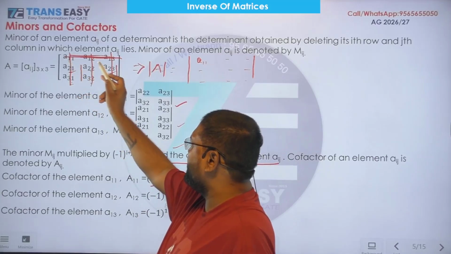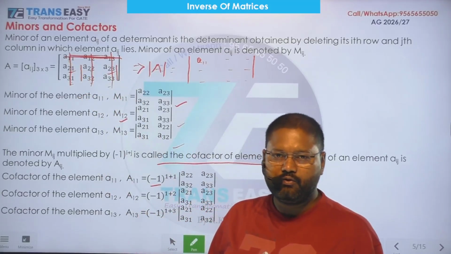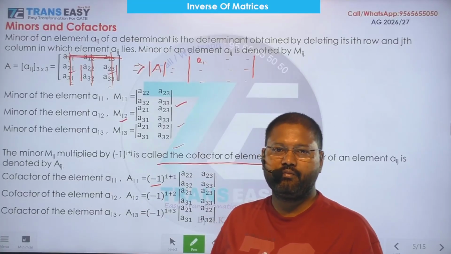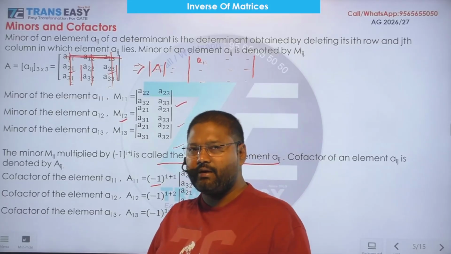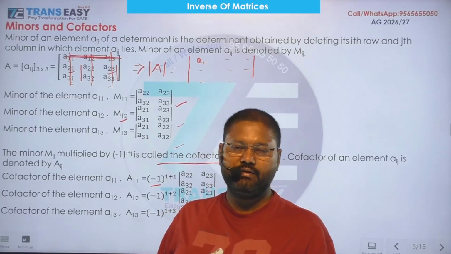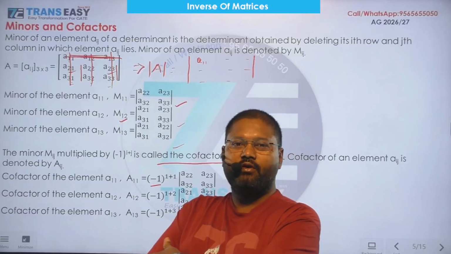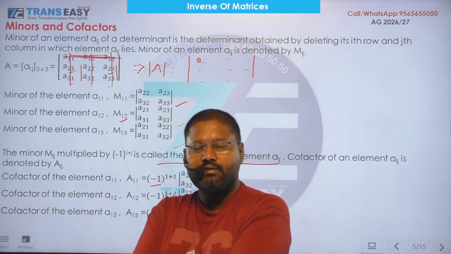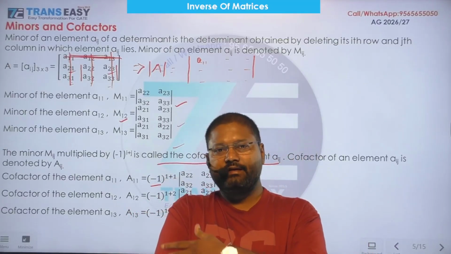So friends, for all elements we have cofactors, right? If elements are replaced by cofactors, the determinant is called the determinant of cofactors.